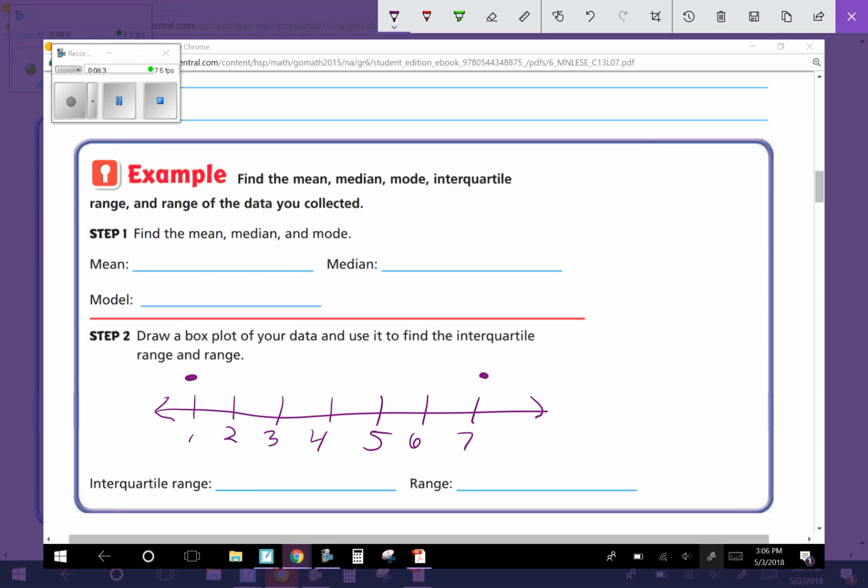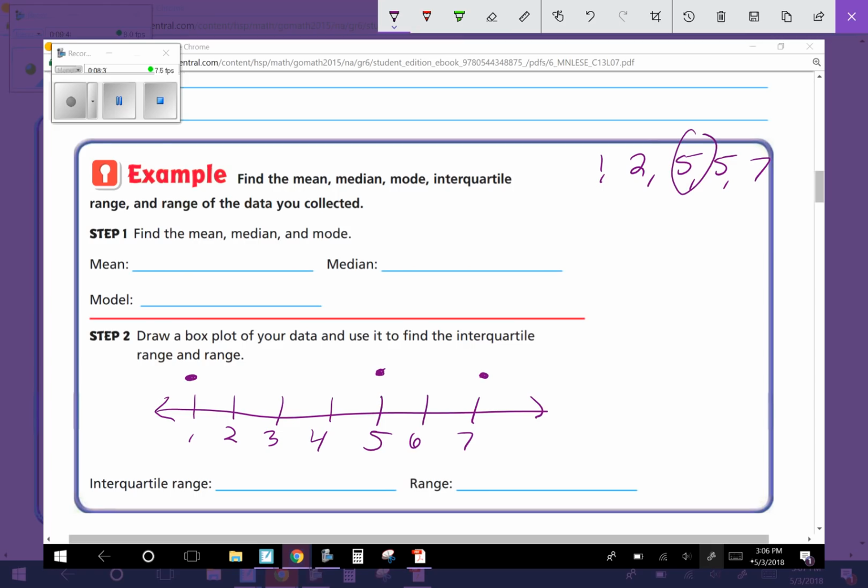My median was 5. I know that. But I didn't figure out my range and interquartile range yet. Okay? And I need my interquartile ranges to know how to do my box. So I need to put those numbers that I found earlier in order from least to greatest, which was 1, 2, 5, 5, 7.